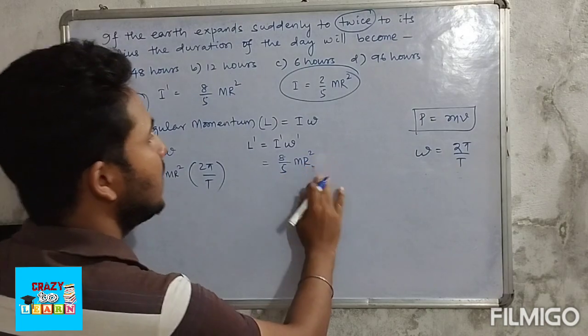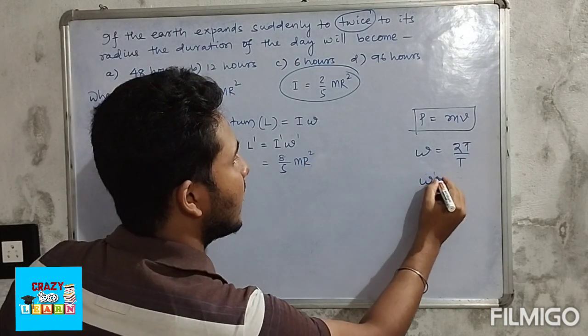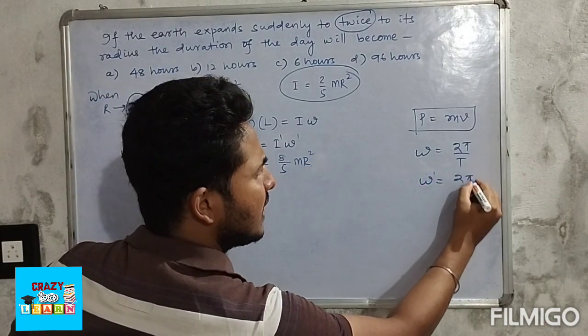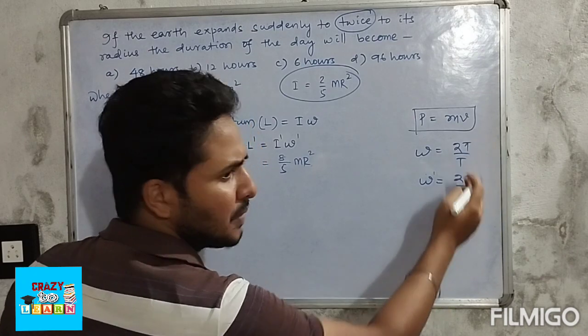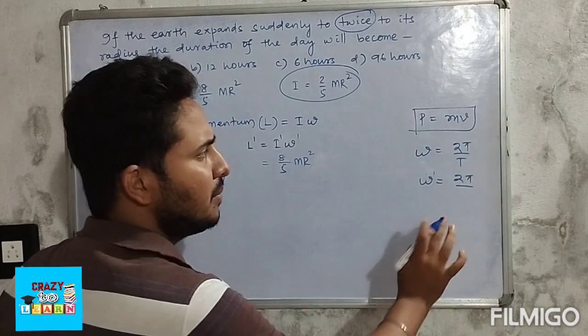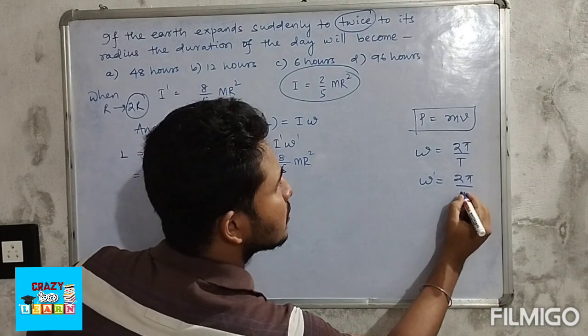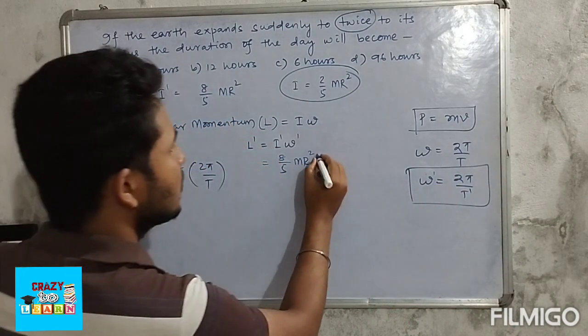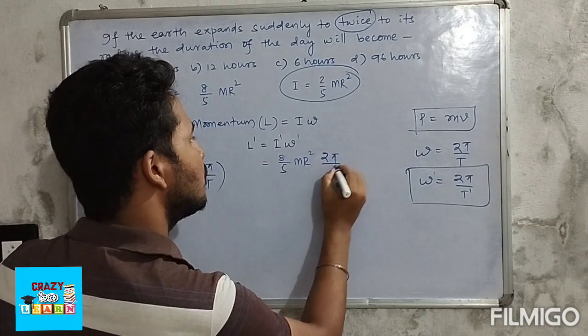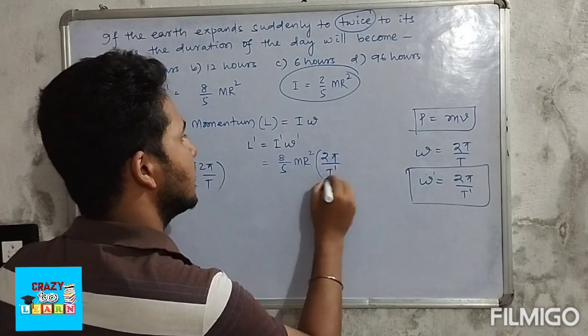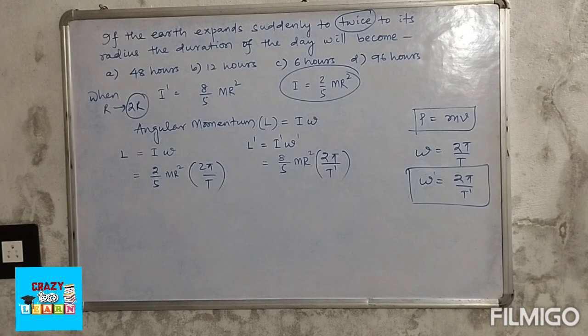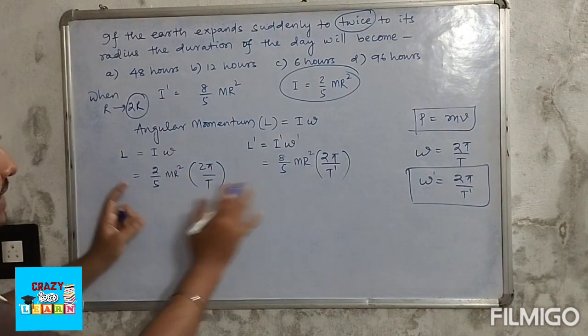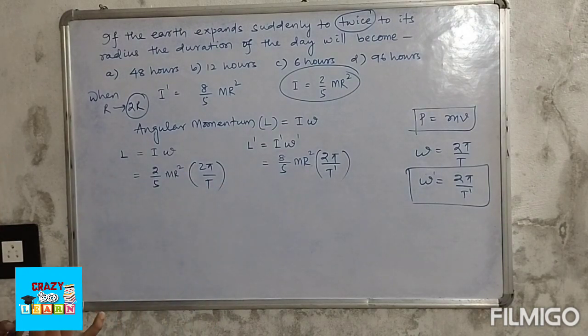And what will be omega dash? Now 2 pi is constant, so it will not change for different cases, but the time period will change. So the time period is t dash, and omega dash is 2 pi by t dash. So in the place of omega dash just put 2 pi by t dash. Clear?